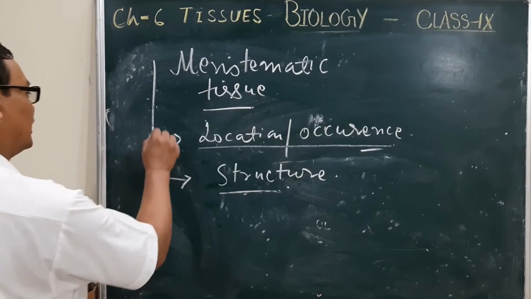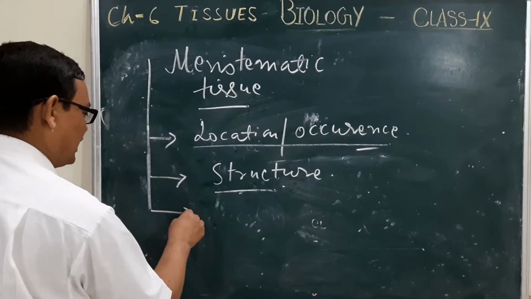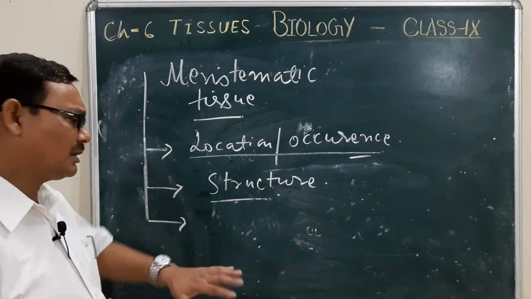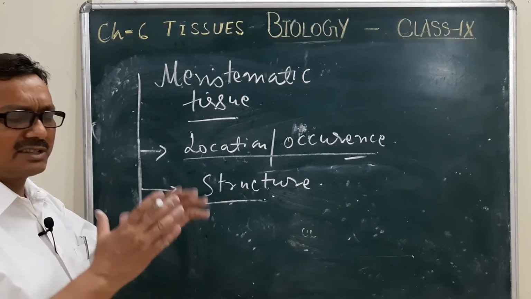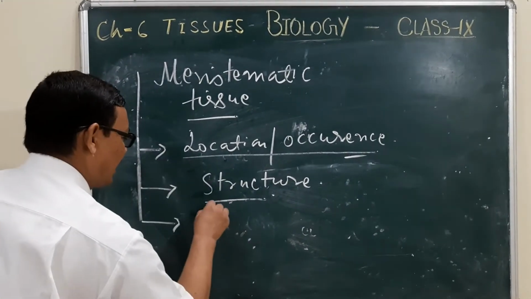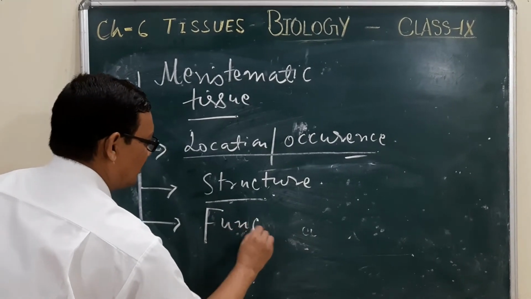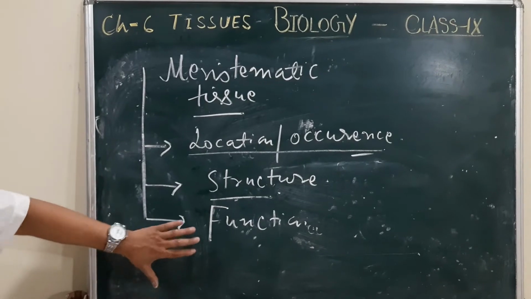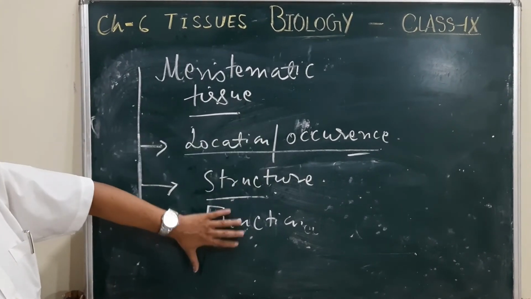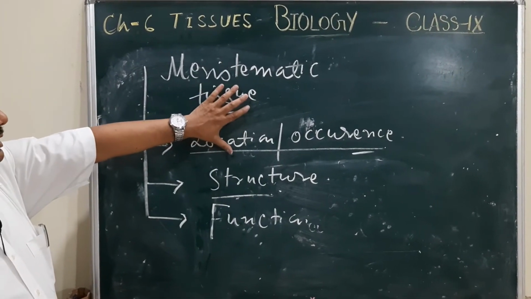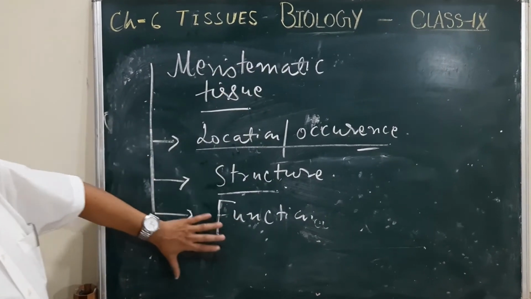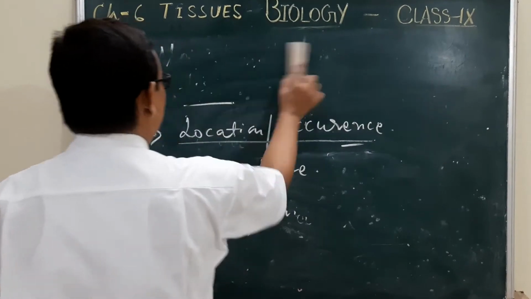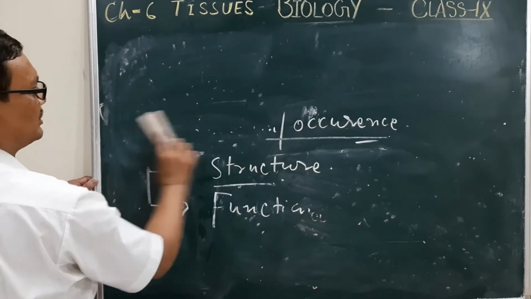Now, the third important part: if there are categories, if there are types, then you write the types, or if there are no types, then we write the function. So here are three important points: occurrence, structure and function. Depending upon these 3 points, we can make notes on the different types of plant tissue. So first we start with the meristematic.